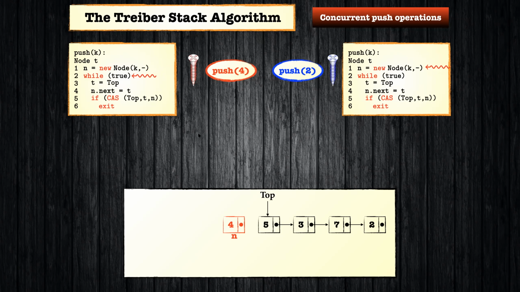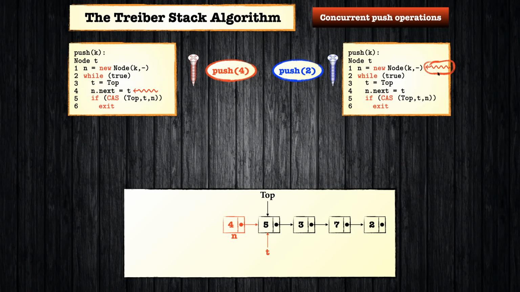And in doing so, it goes to the next instruction where it makes its t pointer point to top, to the same node as top. And then it defines the next of its new cell and makes it point to t.